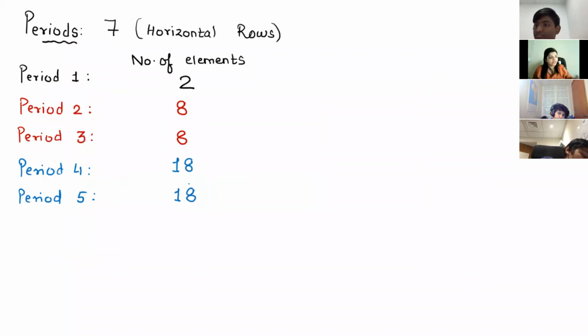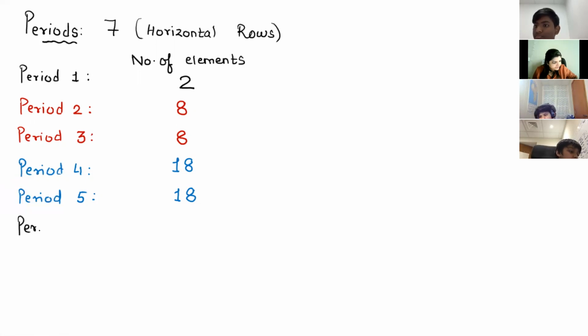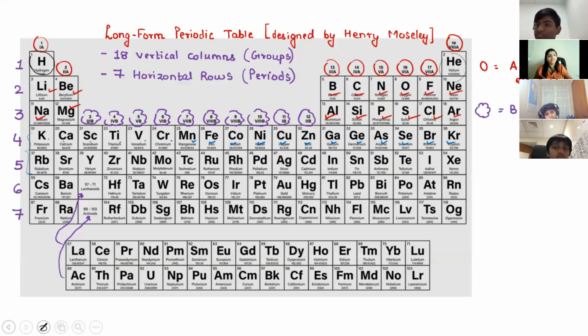Period 6. Is it also 18 elements? Is it like 20? Wait. It's 18. No, because the bottom rows, because I told you there is one bottom row which is the extended part. So let us check.